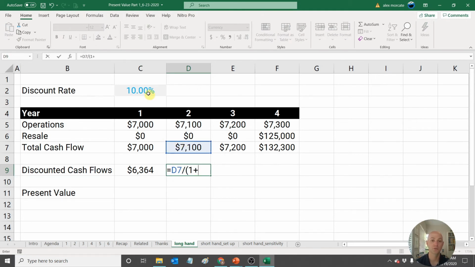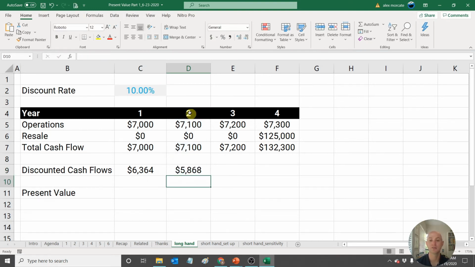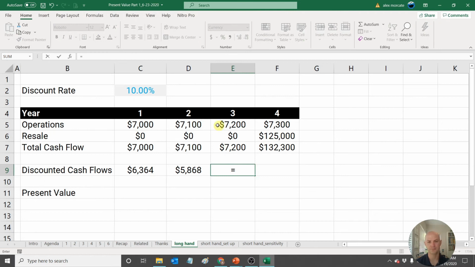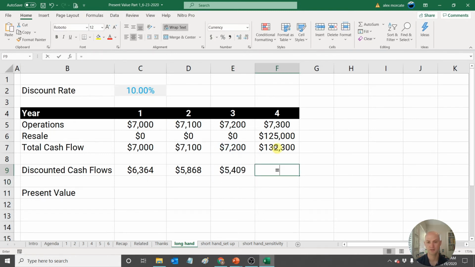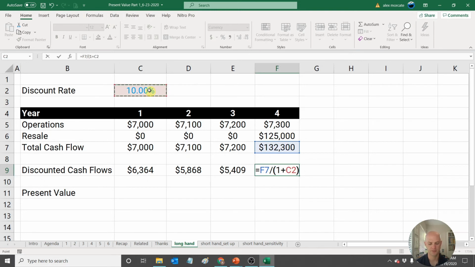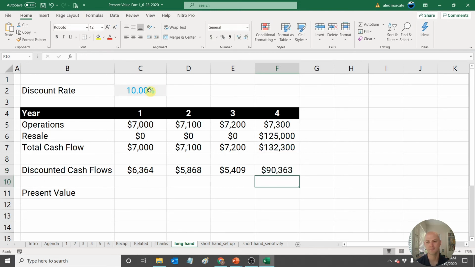So $7,100 divided by 1 plus 10% raised to the second power. $7,200 divided by 1 plus 10% raised to the third power. And then finally is $132,000 divided by 1 plus 10% raised to the fourth power.